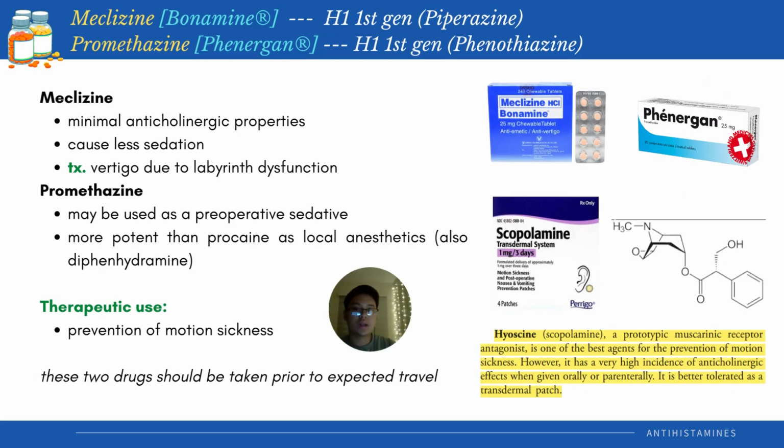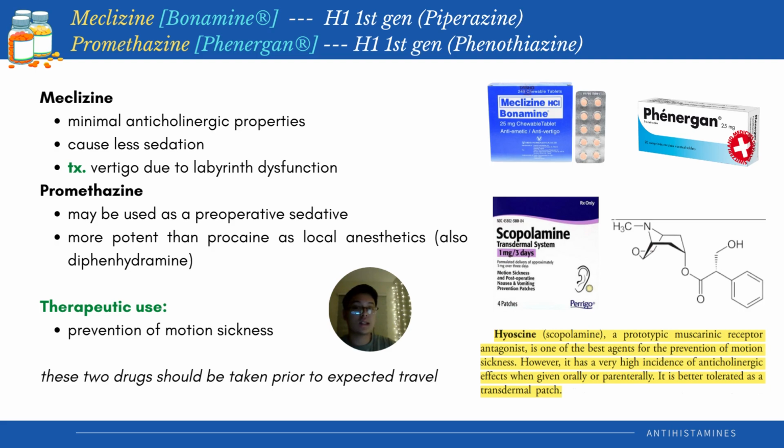Next, we have the two drugs meclizine and promethazine. Along with the antimuscarinic agent scopolamine, certain H1 receptor blockers, meclizine and promethazine, are the most effective agents for the prevention of symptoms of motion sickness. They are usually not effective if symptoms are already present and thus should be taken prior to travel. Meclizine has minimal anticholinergic properties unlike diphenhydramine.